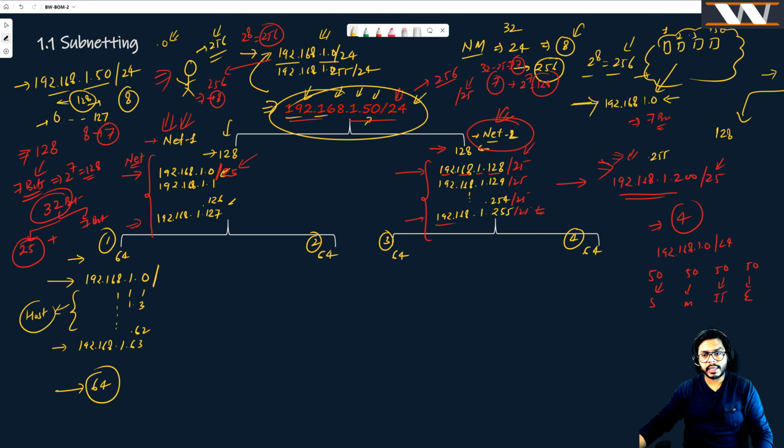Just try to pay close attention. You begin with 256, right? You divided it with 128, and now you are talking about 64. To have 256 hosts, you need 8 bits. To have 128 hosts, you need 7 bits. And to have 64 hosts, you are going to need 6 bits because 2 to the power 6 is going to be 64.